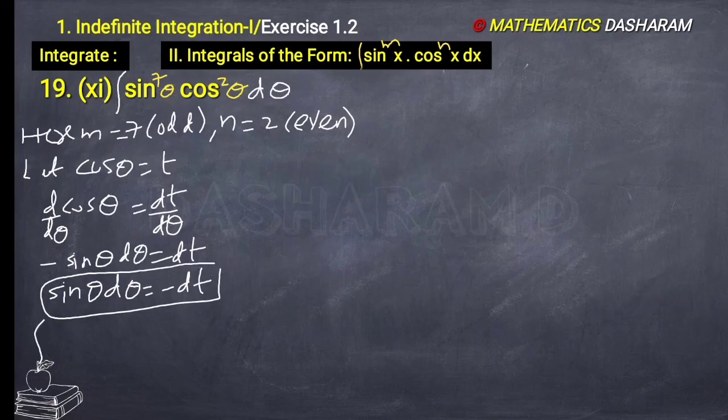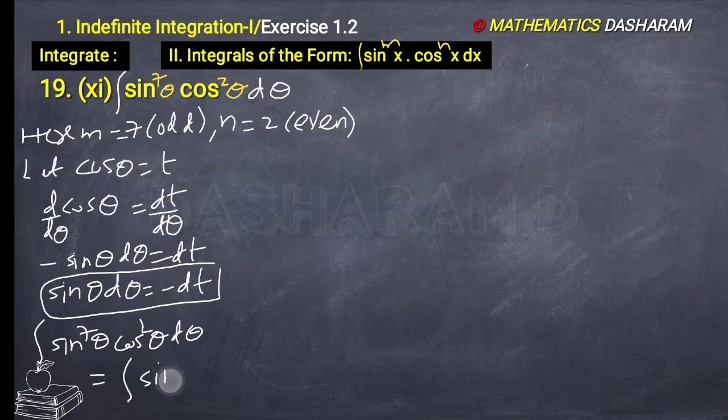So the given question is integration sin to the power of 7 theta into cos square theta d theta, equal to integration sin to the power of 7 theta, which can be written as sin to the power of 6 theta into cos square theta into sin theta d theta.